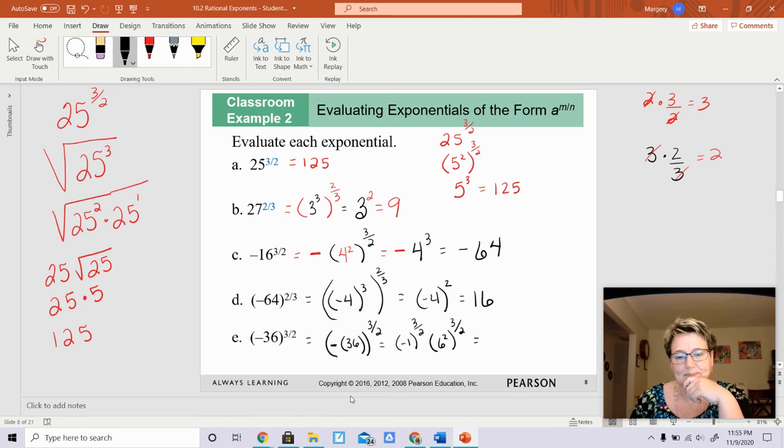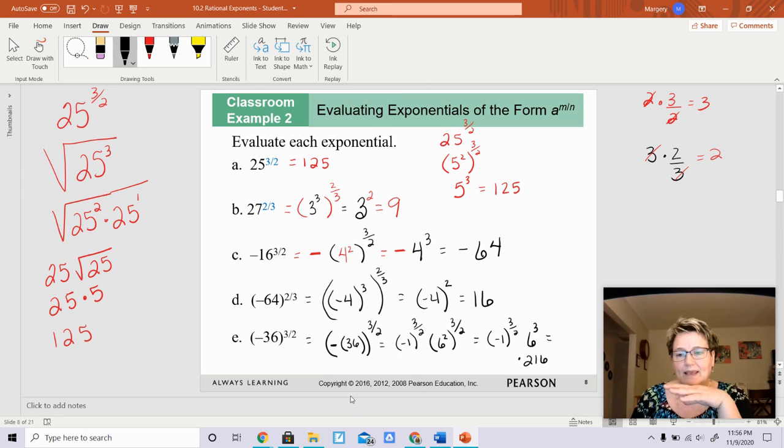I'm going to leave the negative 1 for right now. I'm going to do some work over on the other side for a second. This is going to be raised 2 times 3 halves, which is going to give me 3. So that's going to be 6 to the 3rd power, and it's going to leave me with 216 times.